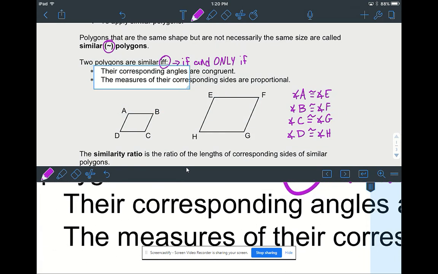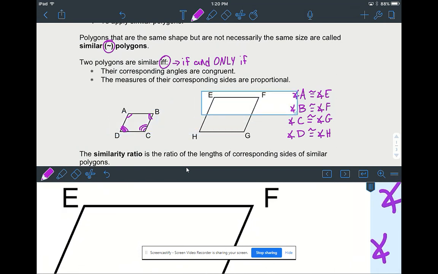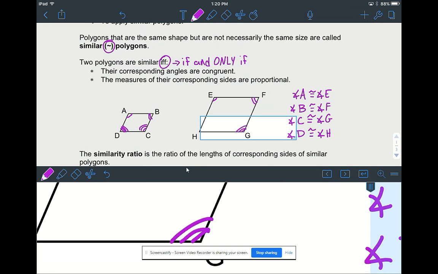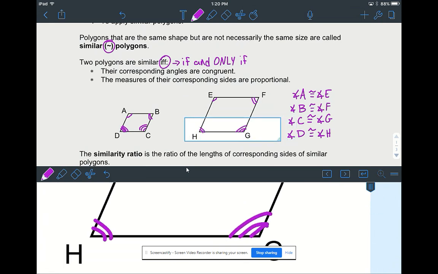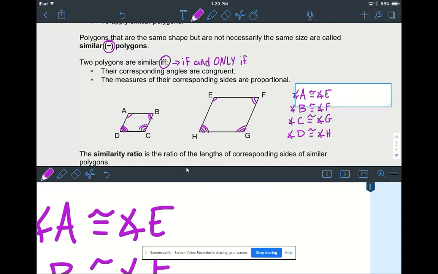Their corresponding angles are congruent. So each one of these, 1, 2, 3, 4. These are the markings if you forgot the little arcs. Okay, so all angles have to be congruent and the measures of their corresponding sides have to be proportional.